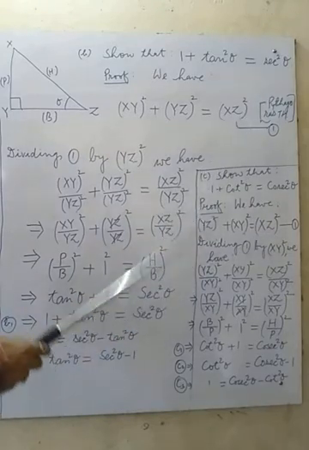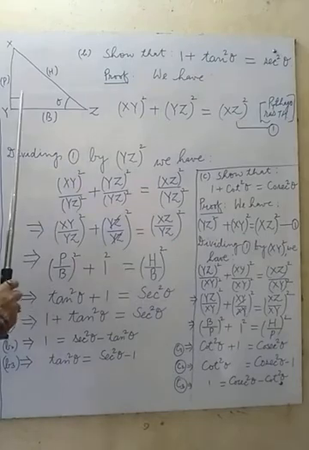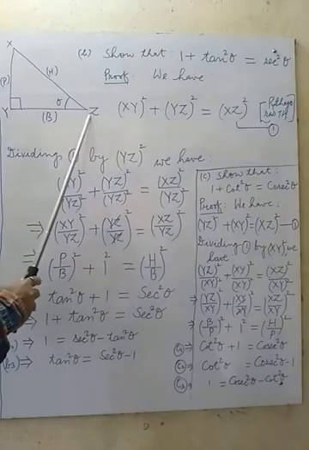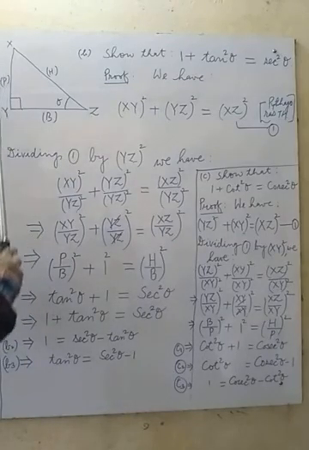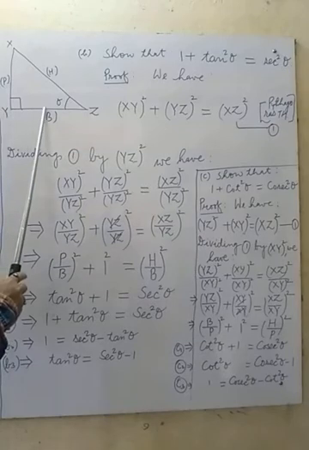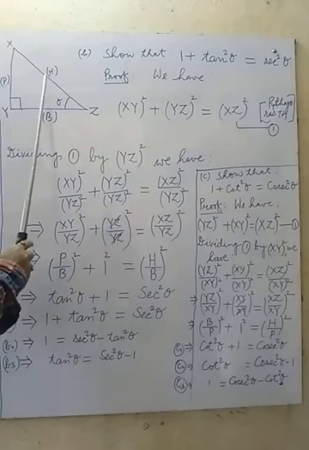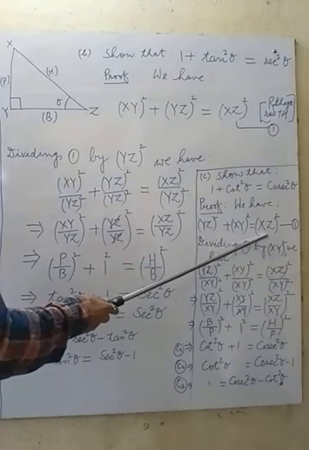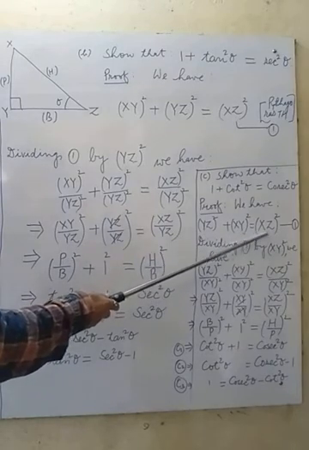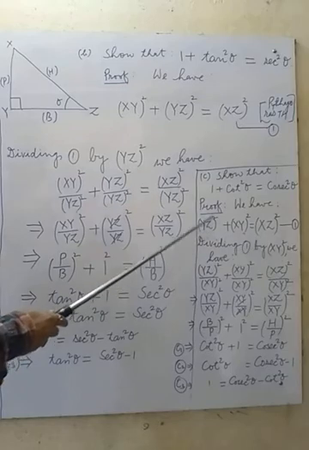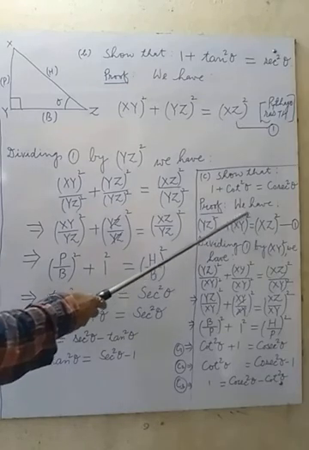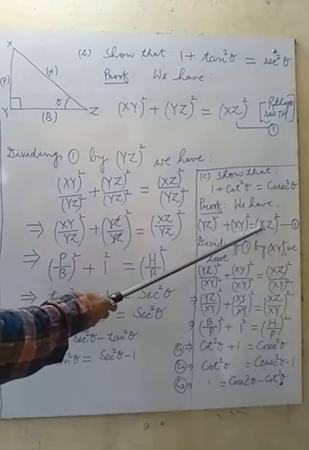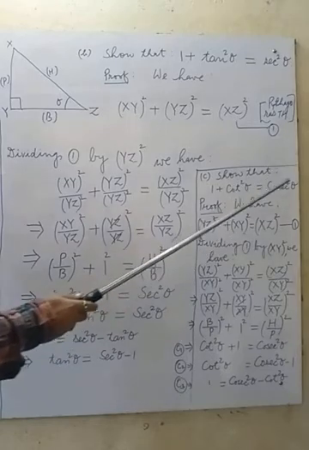So same Pythagoras theorem: yz whole square plus xy whole square, square of this side plus square of this side, equal to square of the hypotenuse. It is noted down here. It becomes yz whole square plus xy whole square equals xz whole square.